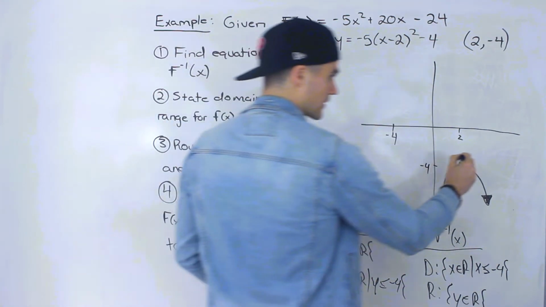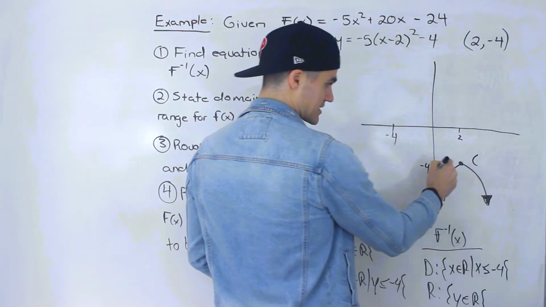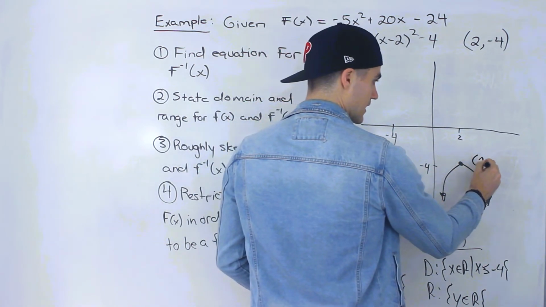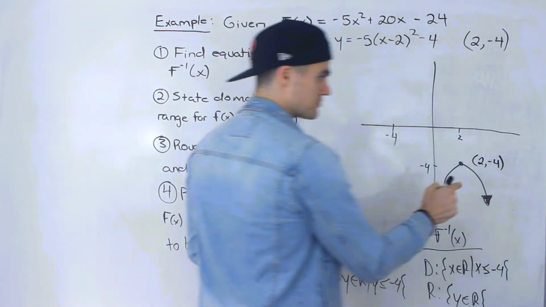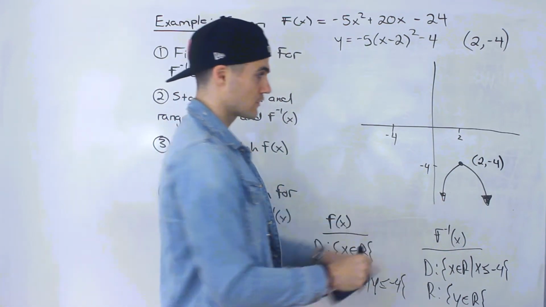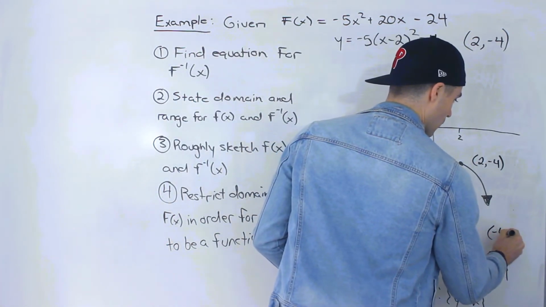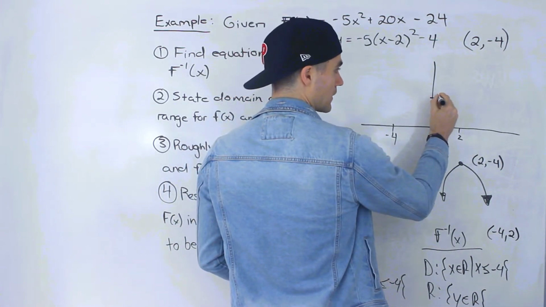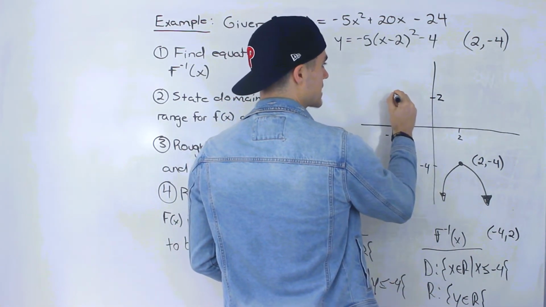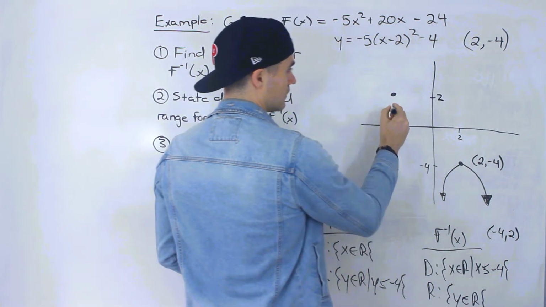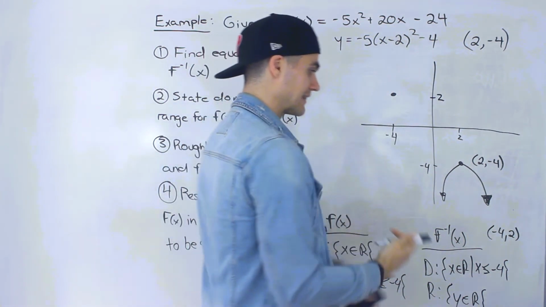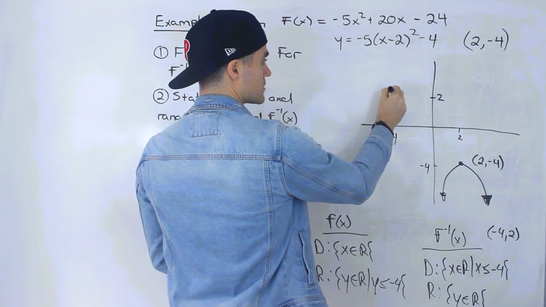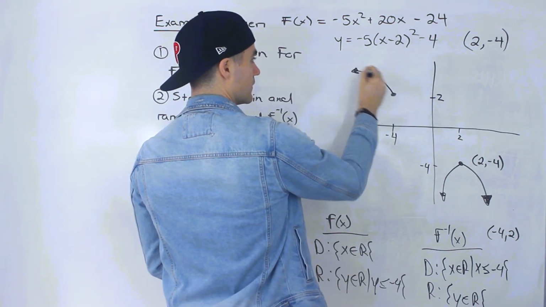In fact, the vertex of the function is 2 and -4, which means the vertex of the inverse is going to be -4 and 2. So -4, the x value here, and then we got the y value of 2. So that's going to be over here. And all the x values are going to be less than or equal to -4, so it's going to go this way.